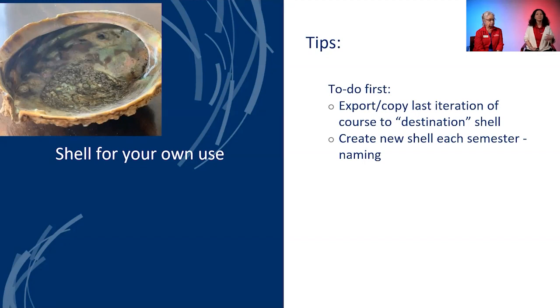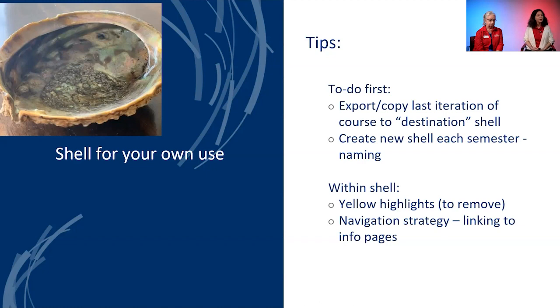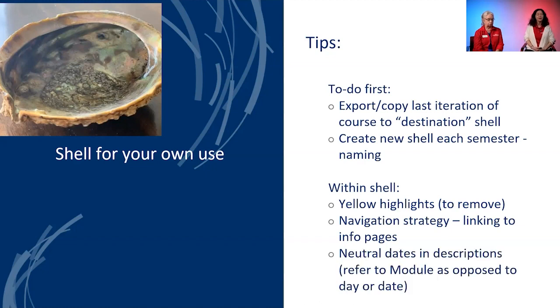Right. So this idea of making that shell your own, I know you have some tips, like some kind of system where you provide notes to yourself. You have other tips and strategies. Would you like to share with us what these are? Sure. So now I have my destination shell.